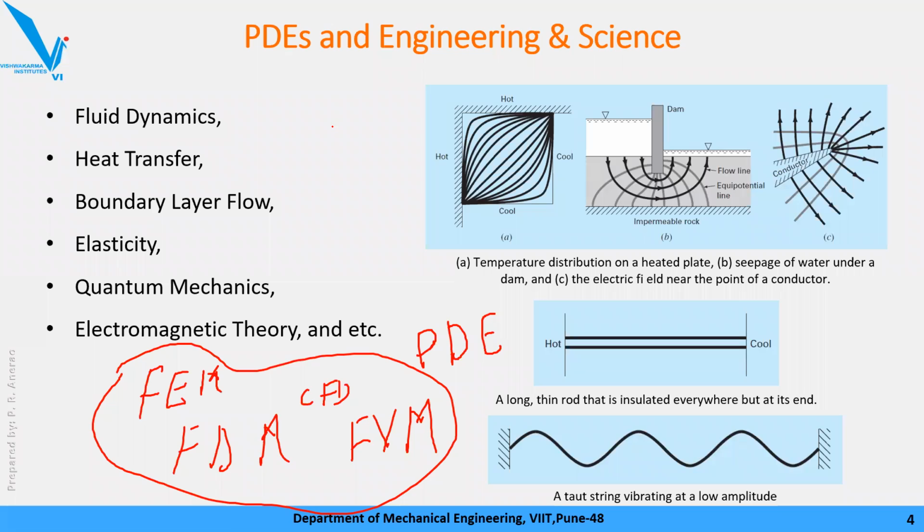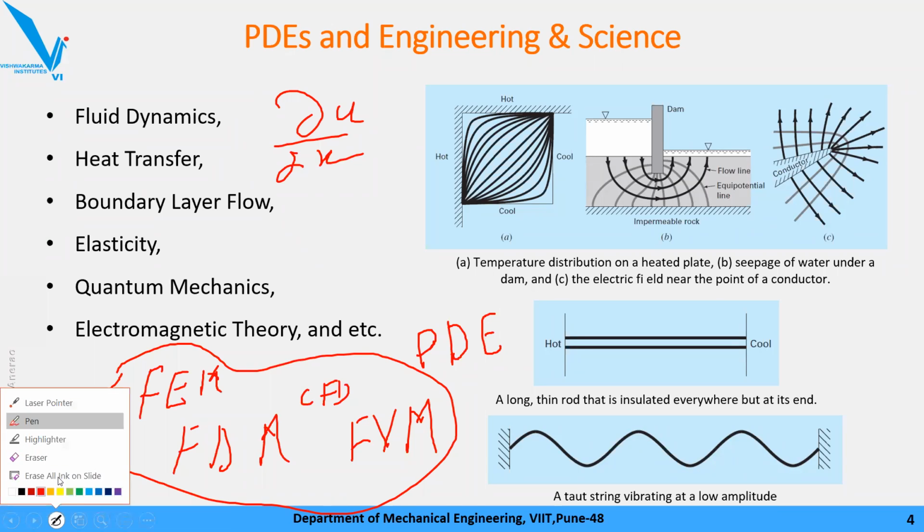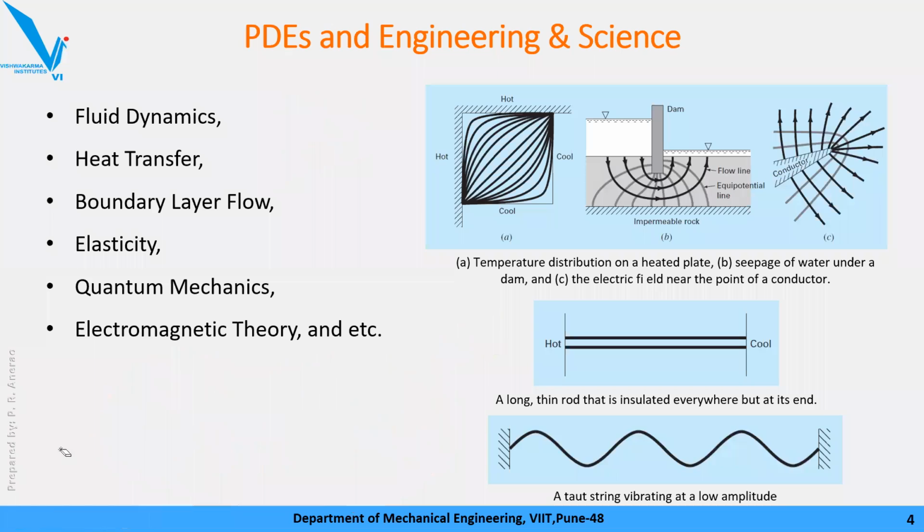Like for the stress tensor, you have dou u by dou x, etc. There you calculate strain. It's like in CFD also you solve some partial differential equations. So those software involve solution or implementation of methods of solving partial differential equations.